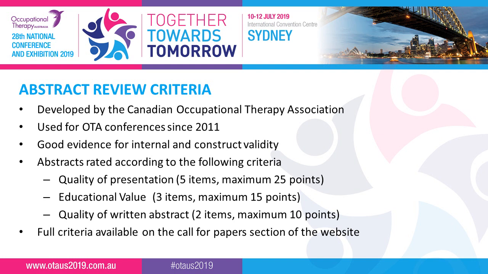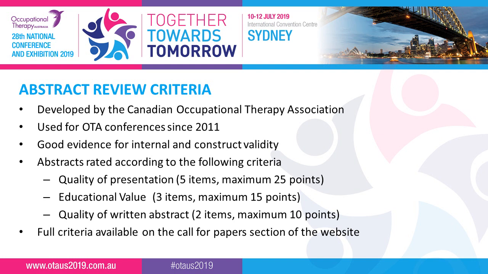Your abstracts are rated according to criteria in 3 sections. So quality of presentation, which includes 5 items, educational value, which includes 3 items, quality of the written abstract, which has 2 items. So 10 items in total, and each is rated on a scale of 1 to 5.